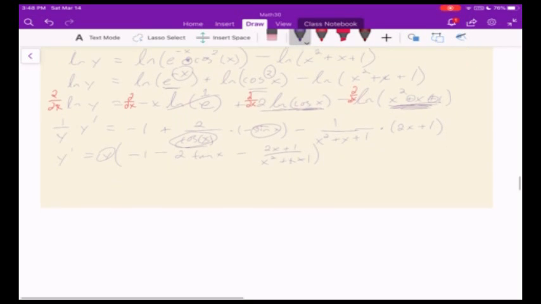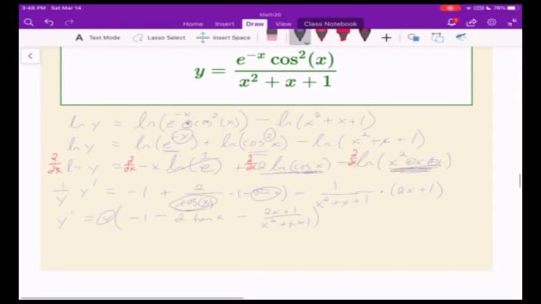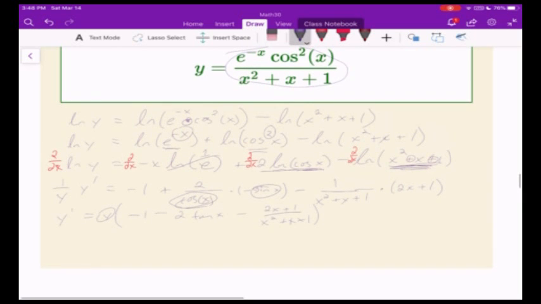So the only thing left to do is, I shouldn't have any y's in here because y is defined explicitly in terms of x. So I could rewrite this function y as e to the negative x cosine squared x all over x squared plus x plus 1, and then times everything inside the parentheses.